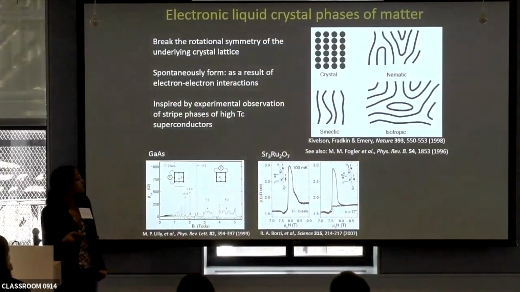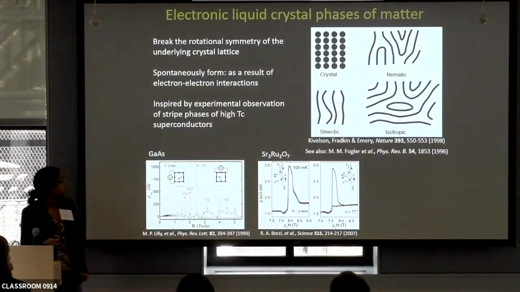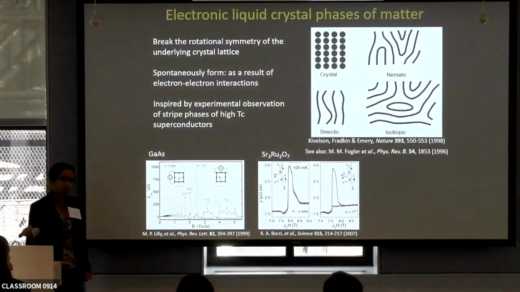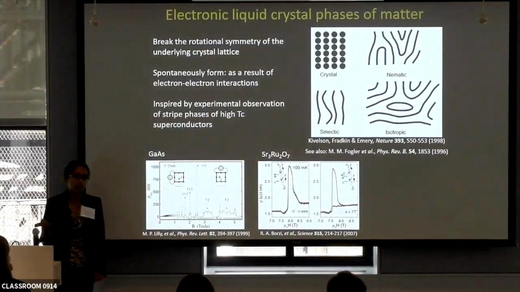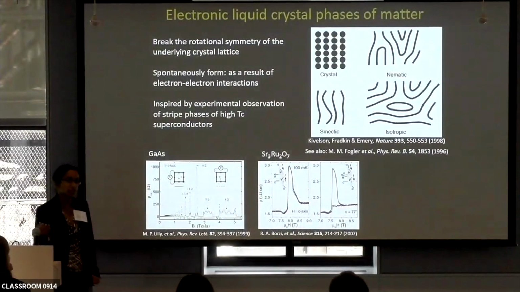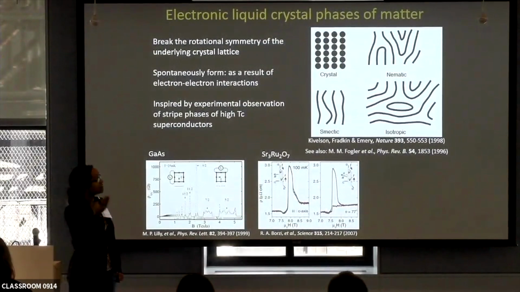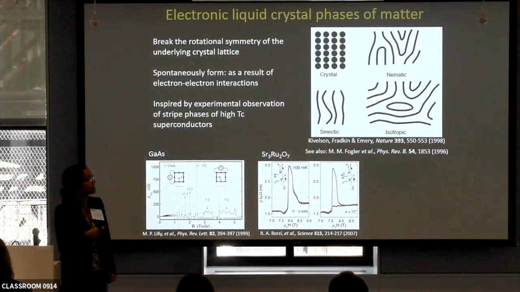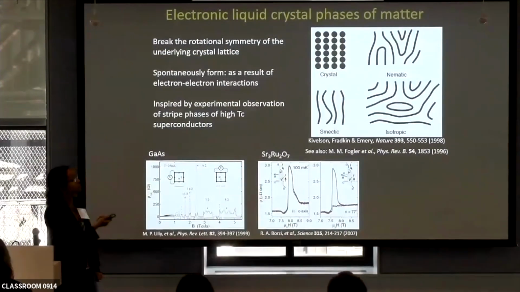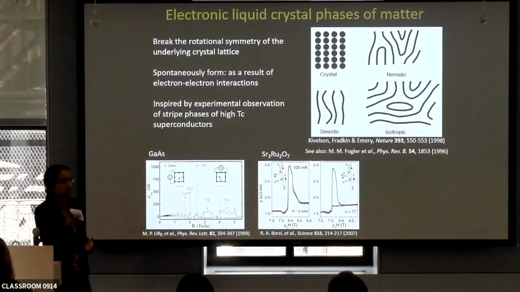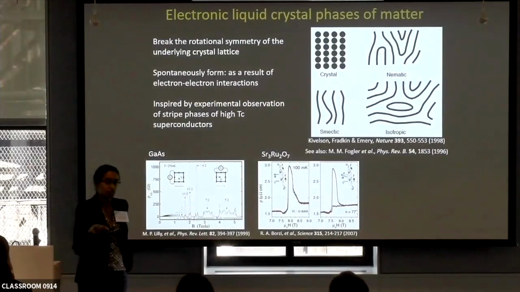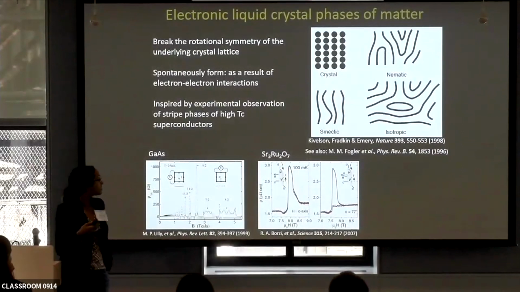They've also been studied extensively in a number of material systems, including, you might have heard of gallium arsenide around u=9/2, or strontium ruthenate experiments. And the signatures of these experimentally is that the electronic behavior along different crystallographic axes is dramatically different. So the electronic states themselves have a certain preferred directionality or orientation to them.